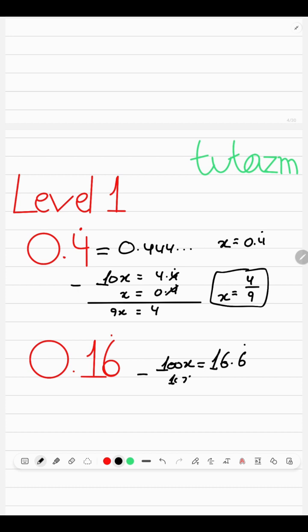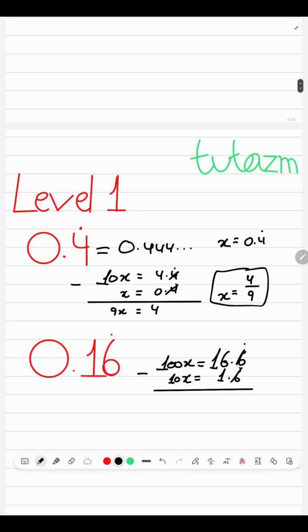And then we can take away 10x in this case, which would give us 1.6 recurring. The 6's cancel out, and you'd have 16 minus 1 give us 15 on this side, and 100x minus 10x is 90x.